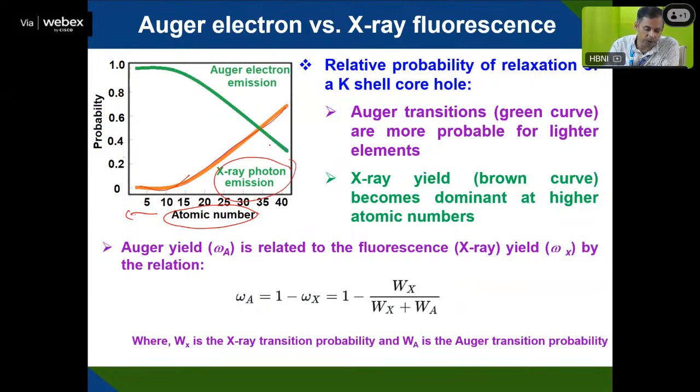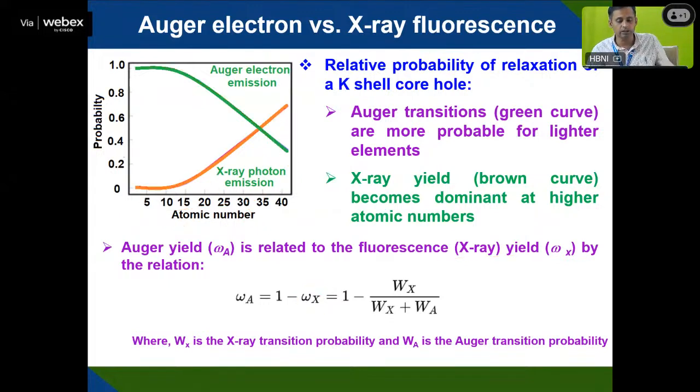The Auger electron follows the opposite path: at low atomic number the Auger probability is high, then it decreases as the atomic number increases. The Auger yield will be 1 minus the X-ray yield, which is related to the fluorescence X-ray. If you subtract that, you will get how much Auger transition takes place.